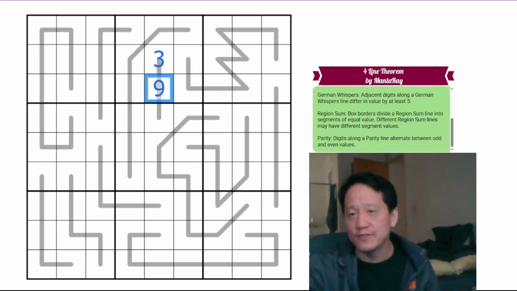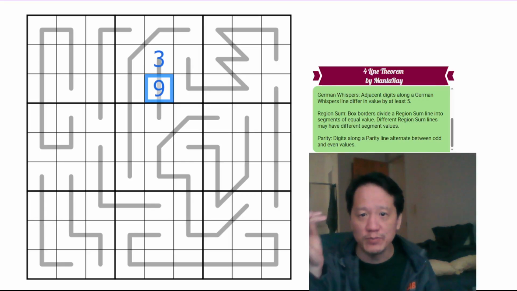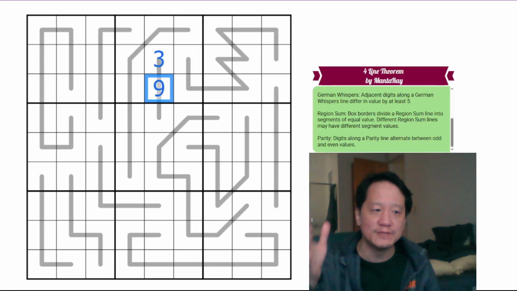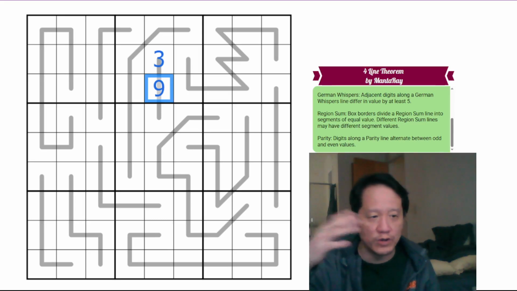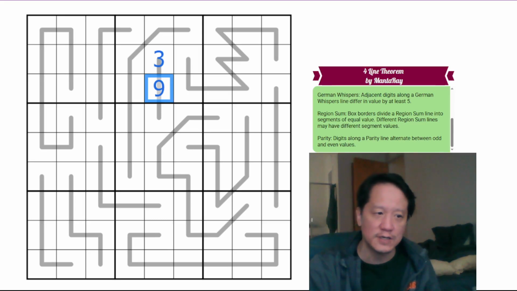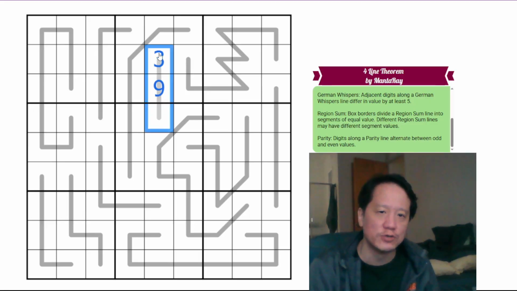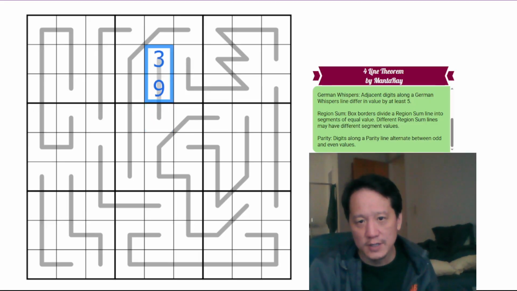It did not come from me. A setter actually named these as Whisper 5 lines, and I thought it was brilliant because it made a lot of sense to me. So when I'm saying Whisper 5 lines, they're equivalent to German Whisper lines. And that's an example of how Whisper 5 or German Whisper lines work.